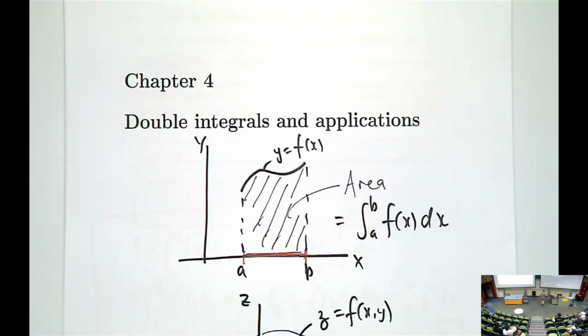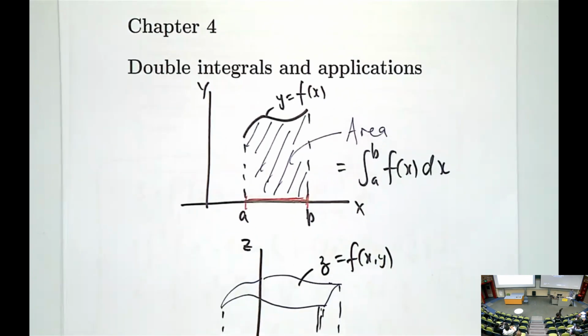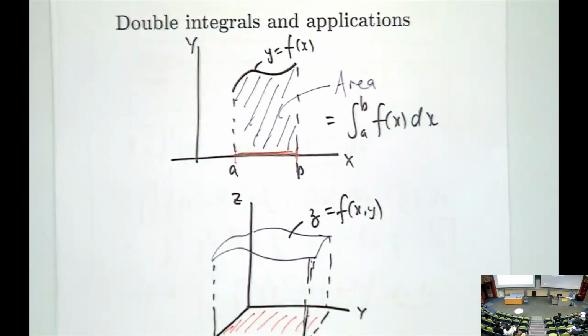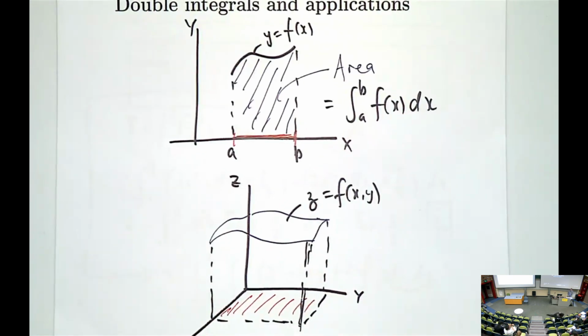So, in today's lecture, we are going to continue with what we did last week. So, last week, we set up the idea and the computation of integration in like 2 dimensions, okay? And one of the motivations for this was what you saw at school.